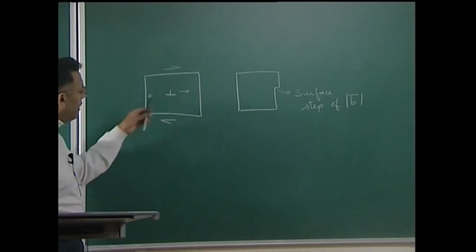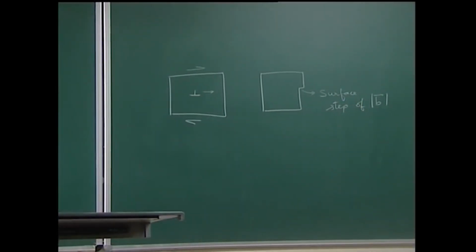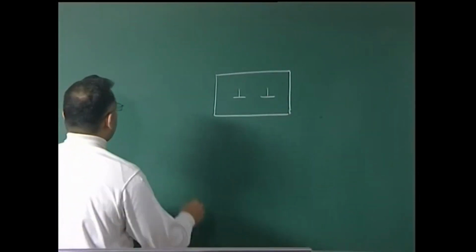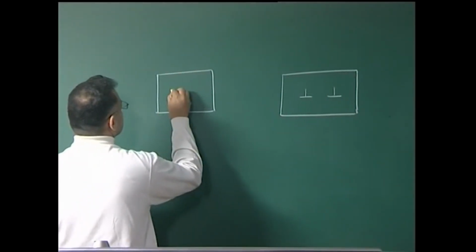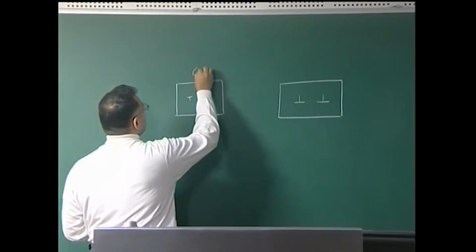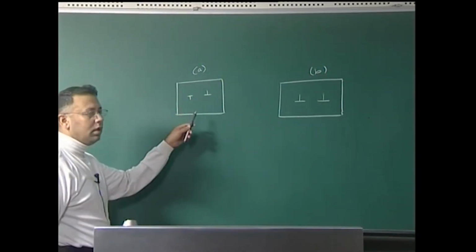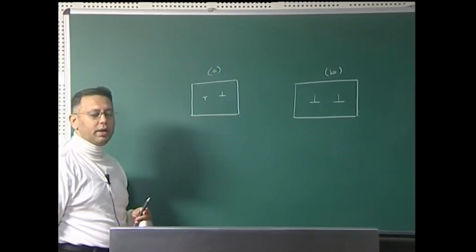On the other hand, if I am considering two dislocations in the material, I have a couple of possibilities here: configuration A and configuration B. In configuration A, the two dislocations are positioned in such a way that they would attract each other.